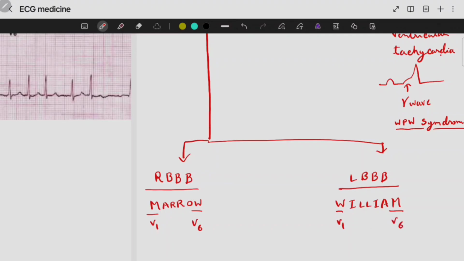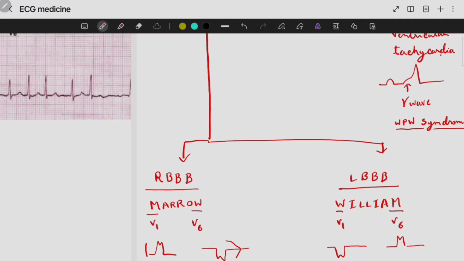If the V1 QRS complex is like this, and the V6 QRS complex is like this, then it is right bundle branch block. And on the opposite side, left bundle branch block, if V1 is like W and in V6 the QRS complex is like M, then it is left bundle branch block.